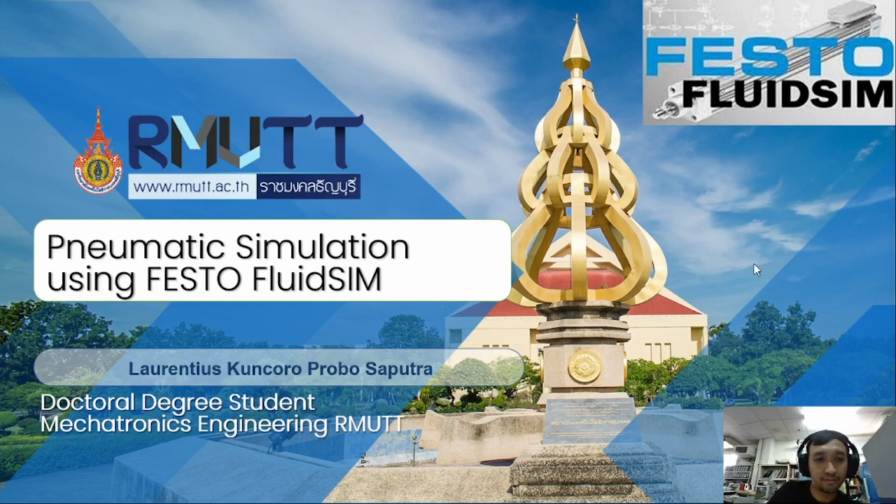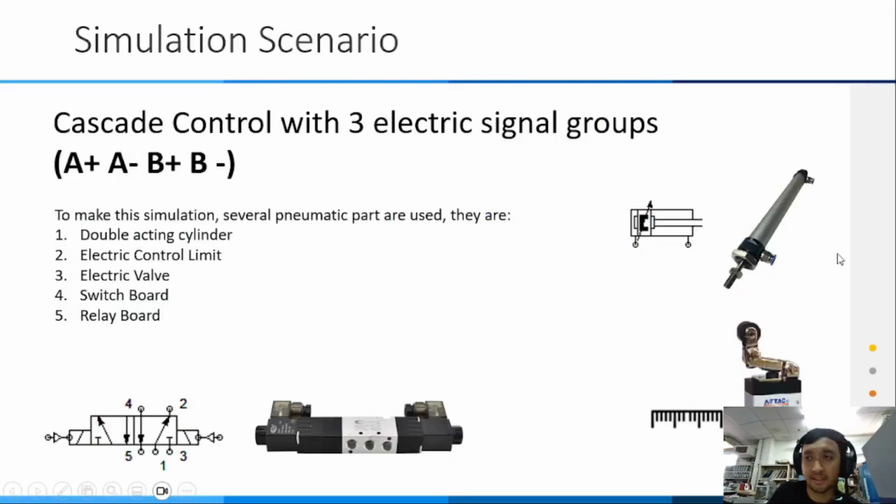In this video, I want to share with you how to do pneumatic simulation using the Festo FluidSIM application or program on your laptop. For this scenario, we have the scenario like this.